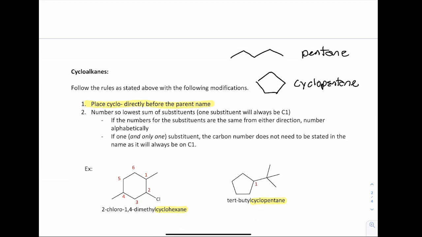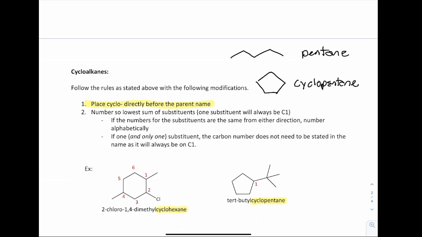My second rule, we always want to start numbering it, and this is the same rule we had before. We want the lowest numbers for my branches, right, for my substituents. Which means if I have one substituent on my cycloalkane and only one substituent, that substituent's always going to be on carbon 1, right?